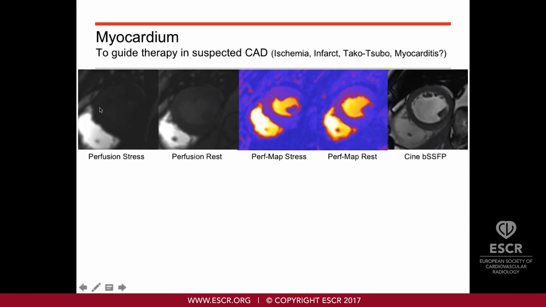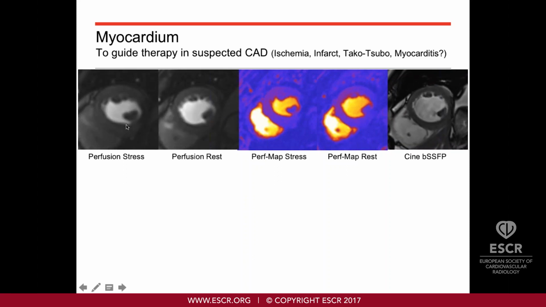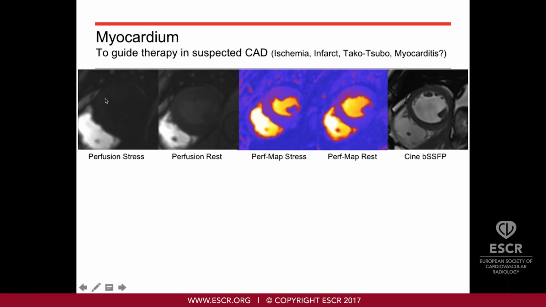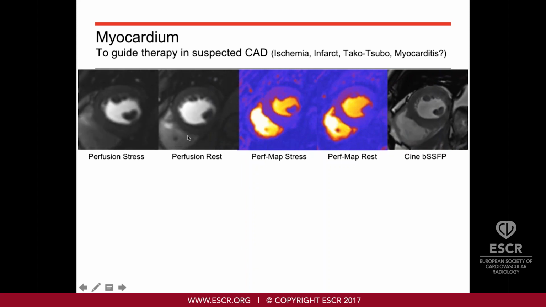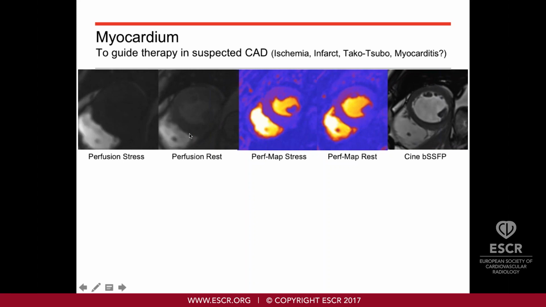So again, we have two possible interpretations of these findings here. Stress-induced hypoperfusion or ischemia, and on the other hand, this might be scar. Let's take a look at the cine images. Here in this area we have hypokinesia and also reduced or thinning of the myocardium.